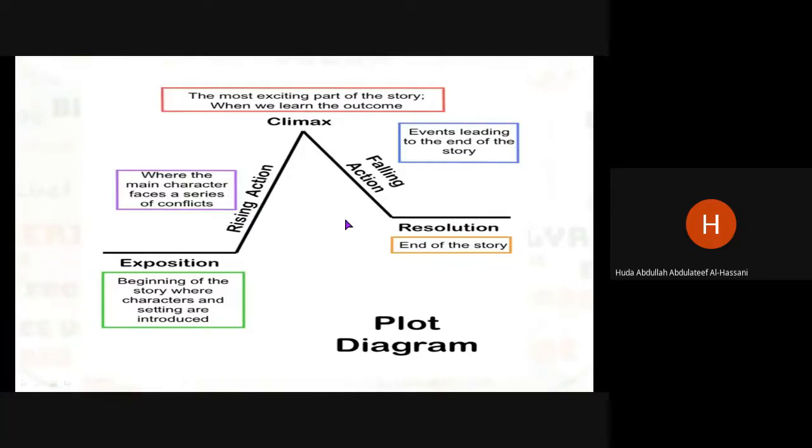Climax. Here we have the most exciting part of the story when we learn the outcome. Here in the climax, guys, we will discover things that will lead to the end, to the resolution or the end of the story. I will have clues here. These clues will make us, the readers or the audience, imagine the end of the story. For example, here the police will know something about the criminal, like his identity, and will start maybe to follow him.